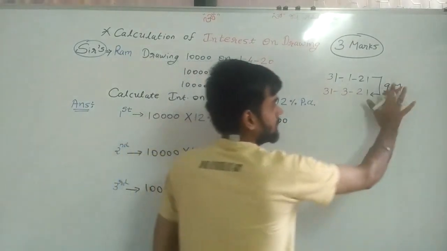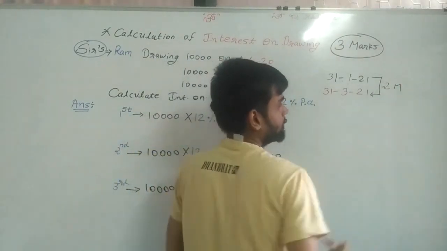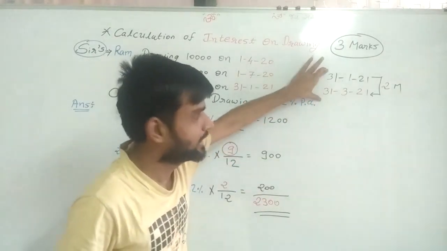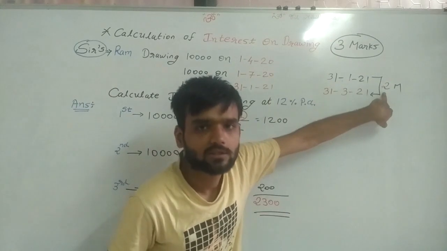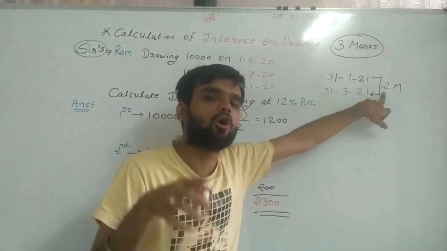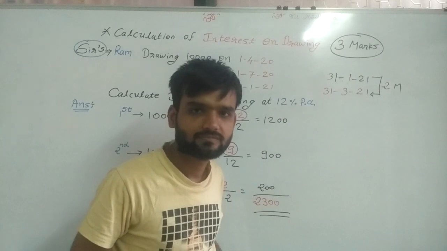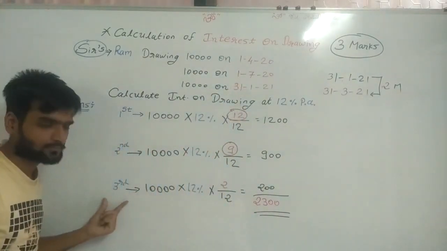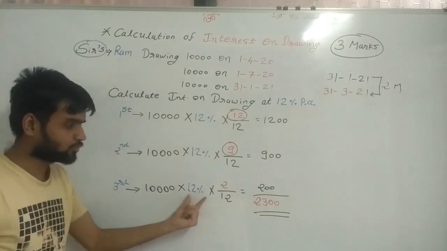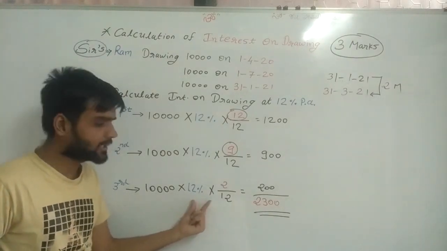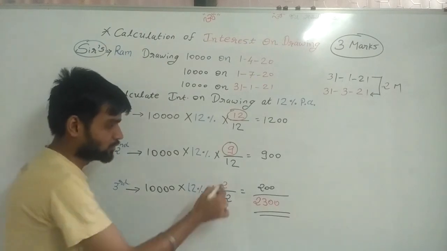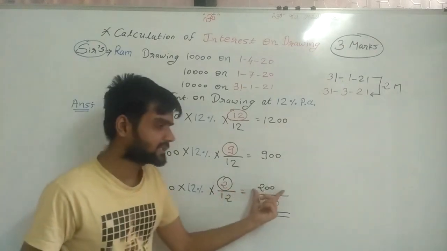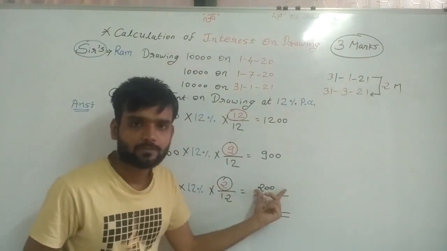So here, instead of 9, we need to take 2 months. It's a gap of 2 months, so we need to calculate interest for 2 months. So for the third 10,000 rupees, into rate of interest 12% into 2 divided by 12, the interest is 200 rupees.